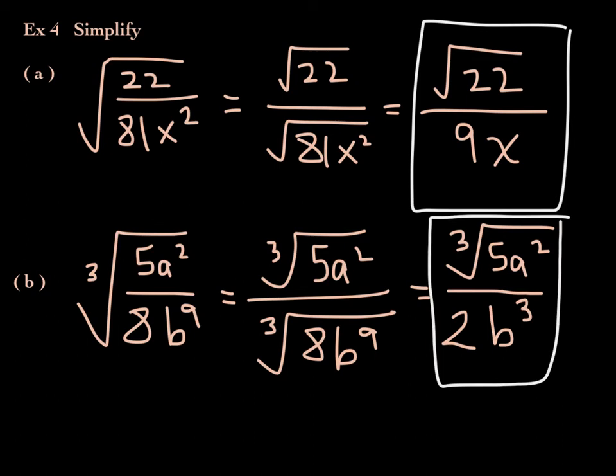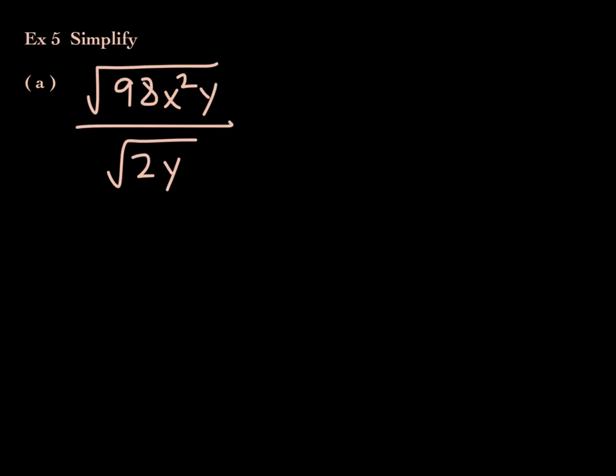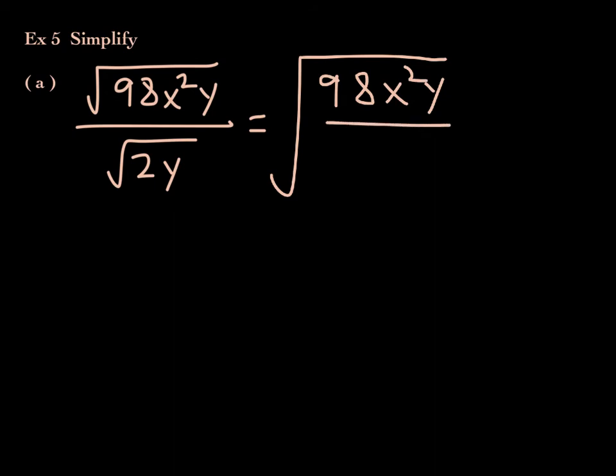But I want to show you another way you can use the quotient rule. Watch this. We have the square root of 98x squared y divided by the square root of 2y. The quotient rule says that the quotient of these two square roots is equivalent to the square root of their quotient. So it's basically going the other direction for the quotient rule.